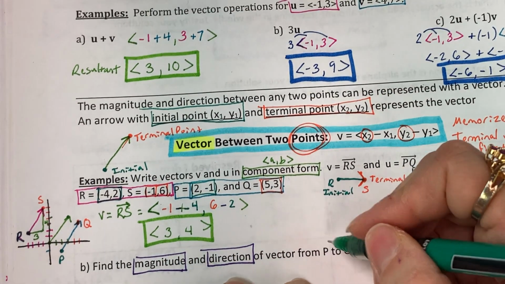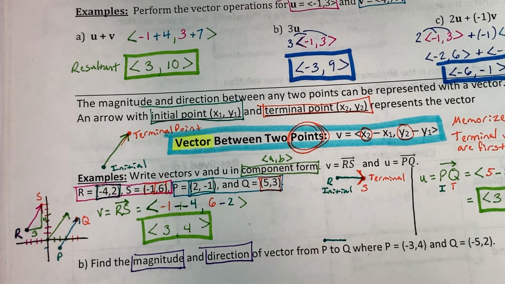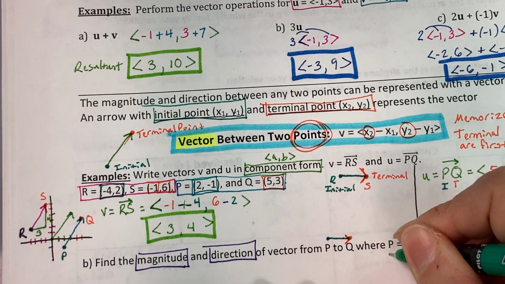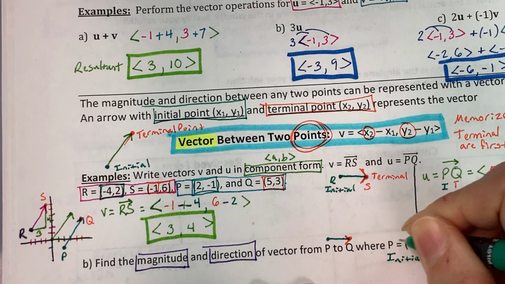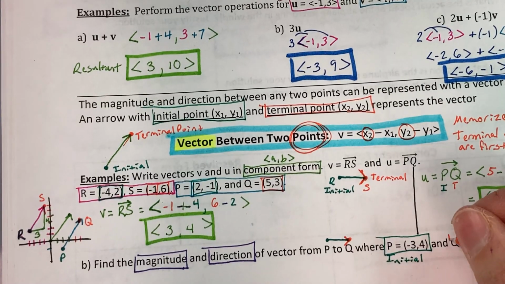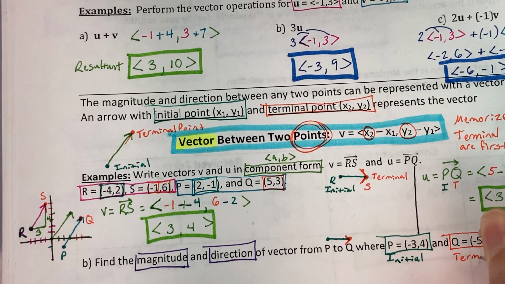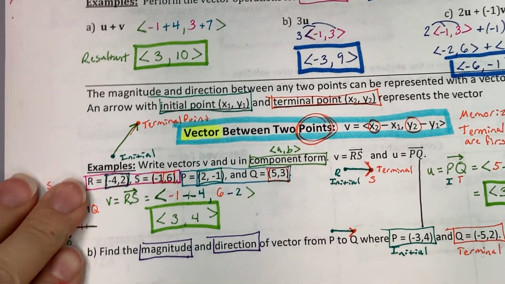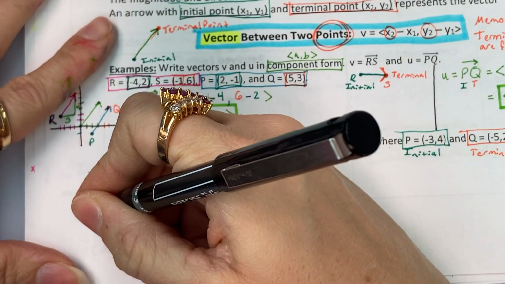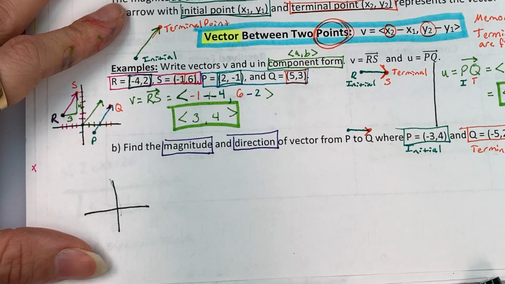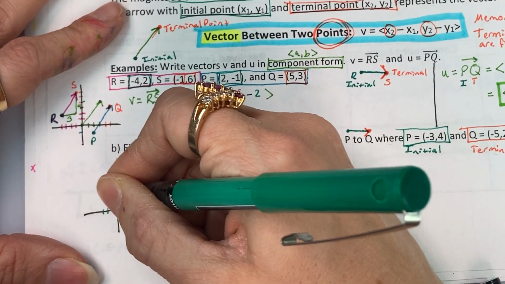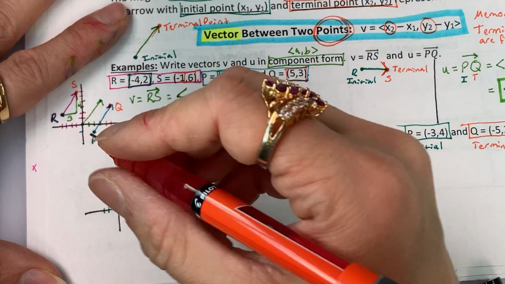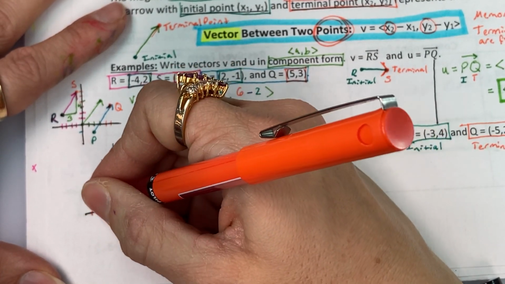So from P to Q means that P is the initial point and Q is the terminal point. So folks, I'm going to go ahead and start with graphing those points. So -3, 4, 1, 2, 3, 1, 2, 3, 4. There's P, and then Q is -5, 2. So 3, 4, 5, 2.